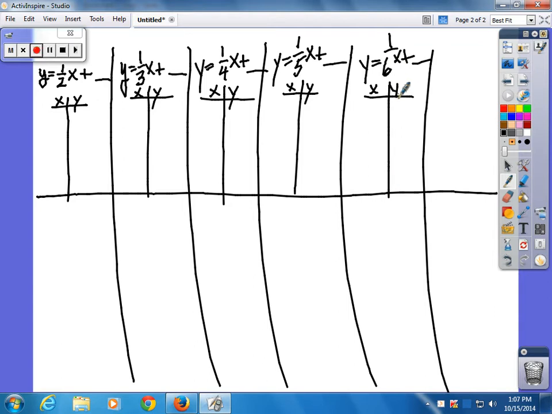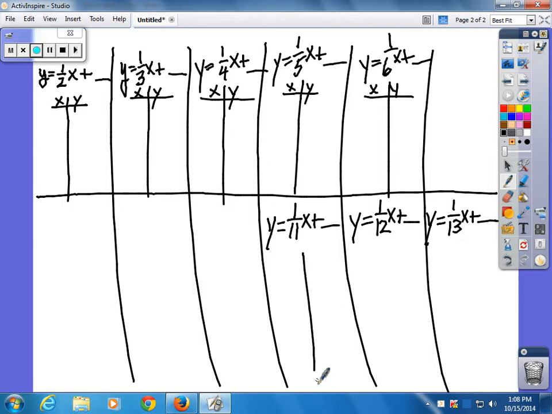Fill it out as 1/7, 1/8, 1/9, 1/10. Y is equal to 1/11 x plus blank, 1/12 x plus blank, 1/13 x plus blank. I'm not going to fill out all of them, just these and the last three. You can fill in the middle.